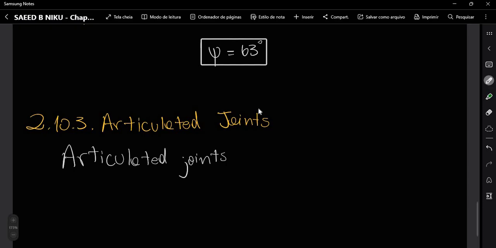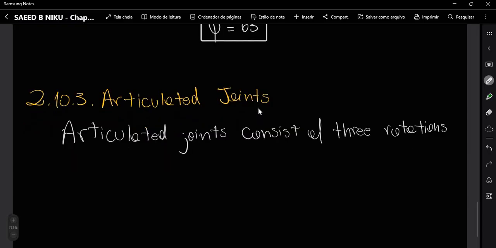Okay, so articulated joints consist of three rotations other than RPY or Euler.